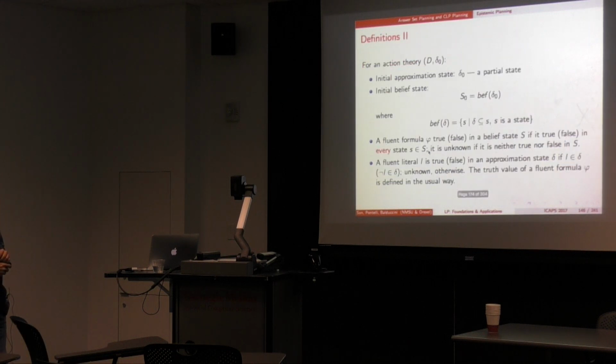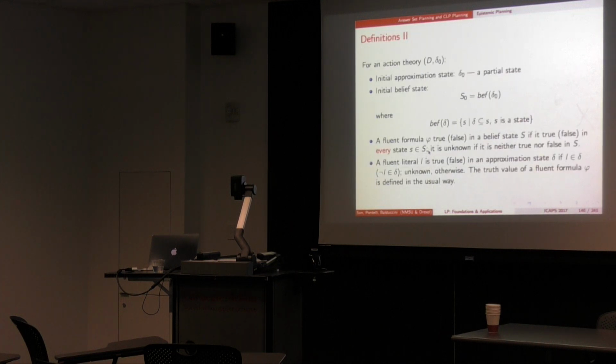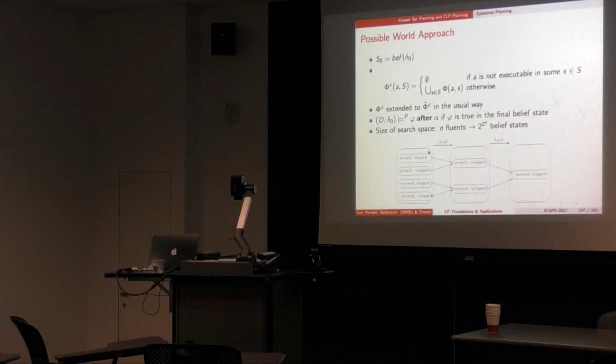I will skip this one in the interest of time. Now, if we want to define the transition function for the possible worlds approach, we start from the initial belief state.